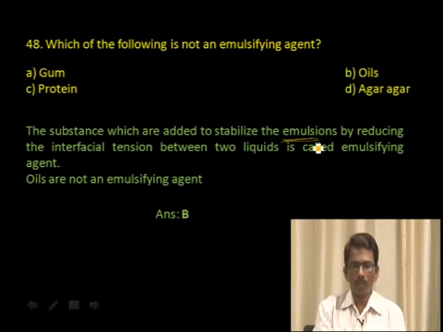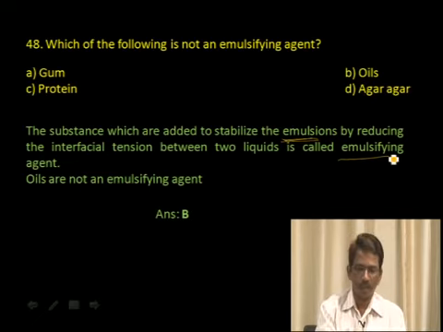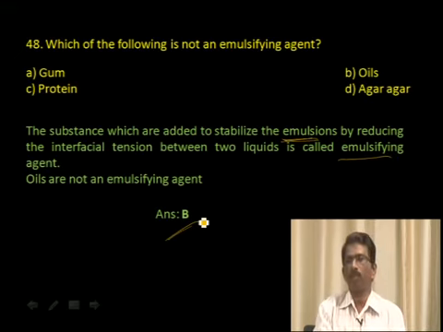When you mix two liquids to form the colloidal solution, we need to add an emulsifying agent which reduces the interfacial tension between the two liquids. Normally oils are not used as emulsifying agents, and therefore the correct option is option B.